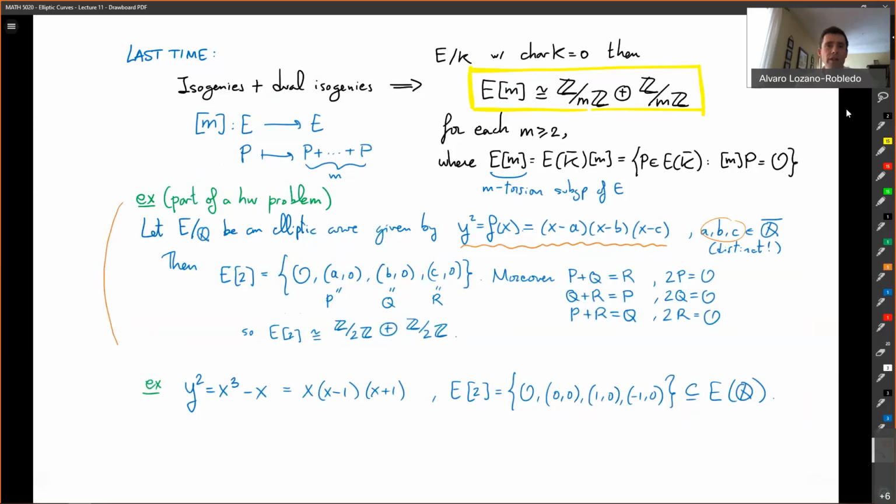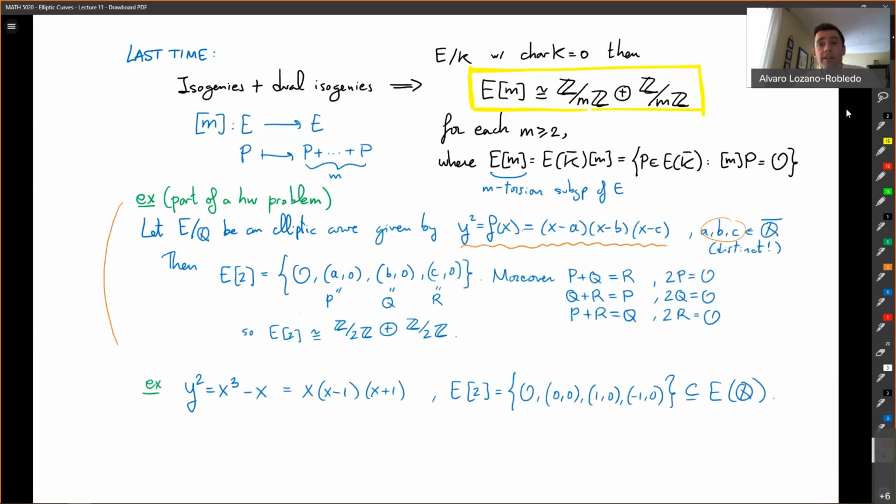Okay. And then you can actually add those points and check that those laws are satisfied, that every point P, Q, and R is of exact order 2. So you can actually prove by hand that the 2 torsion is isomorphic to 2 copies of Z mod 2.